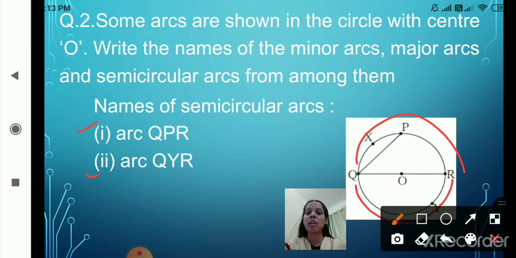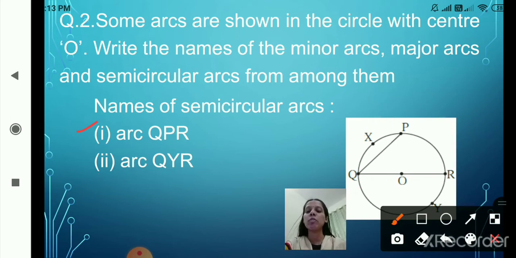Semicircular arcs means because of the diameter the circle is divided into two equal parts and we get two equal arcs. And what is the measure of semicircular arcs? That is 180 degree. So here are the two semicircular arcs, arc QPR and arc QYR. So we have completed question number 2.